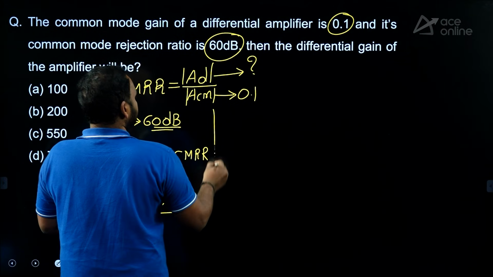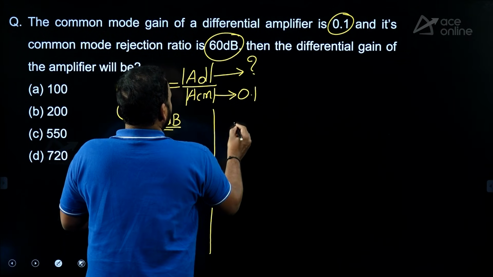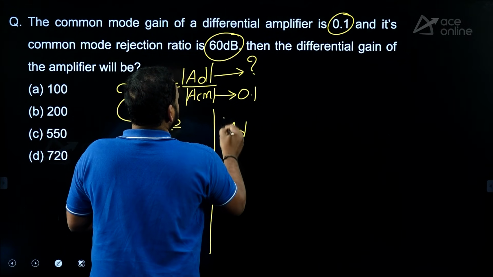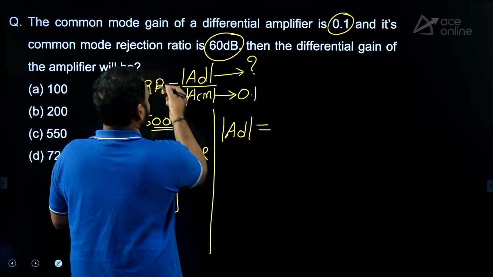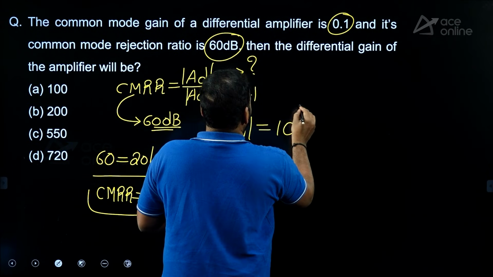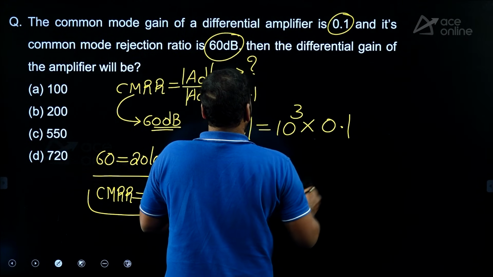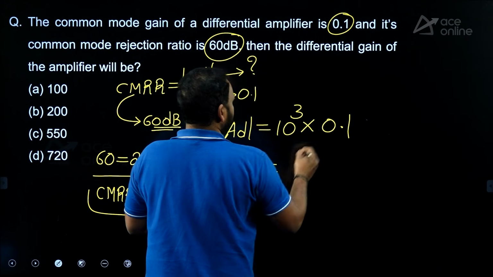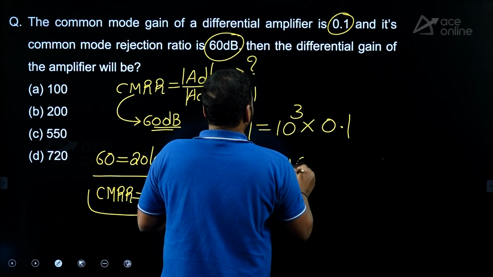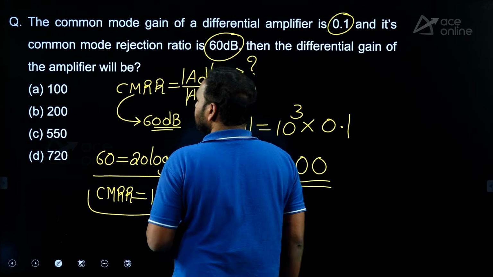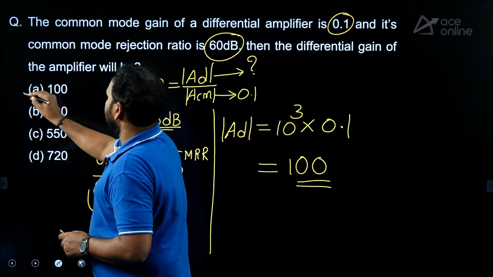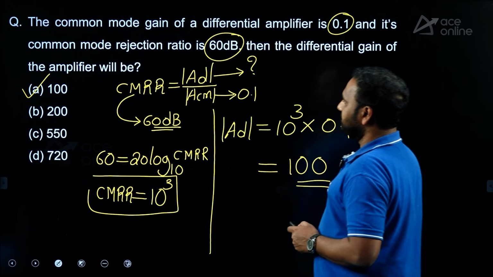Then if you substitute it here, the differential gain AD is equal to 1000, 10 to the power of 3, into 0.1, right, by 10. That is equal to 100. Option A is the correct answer.